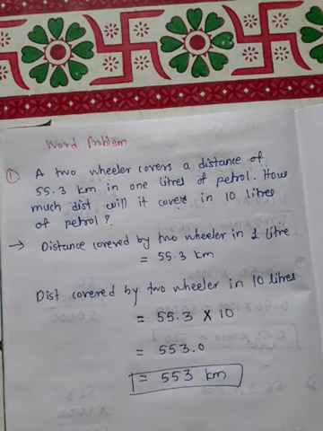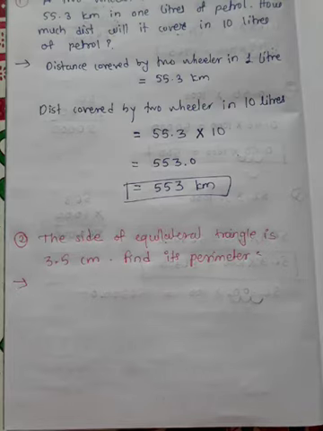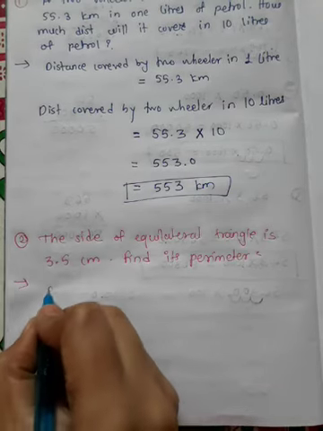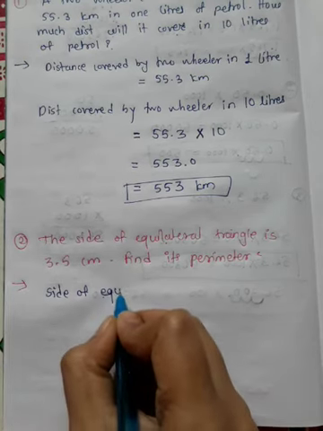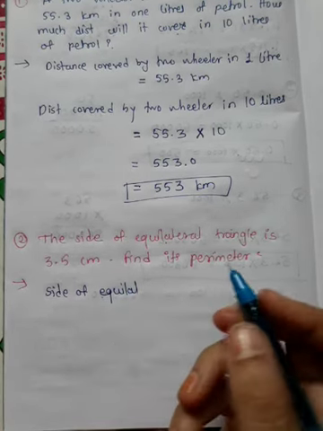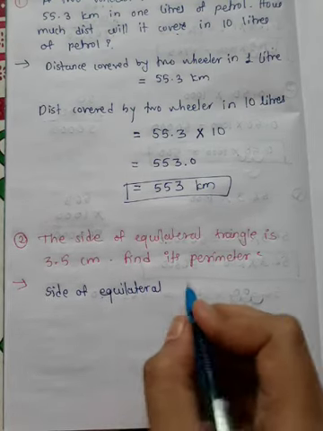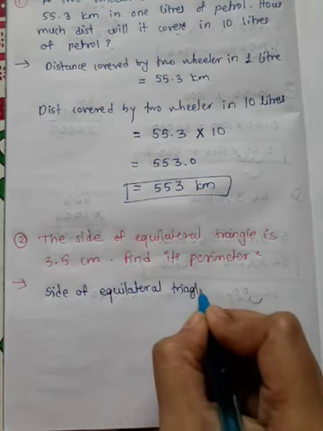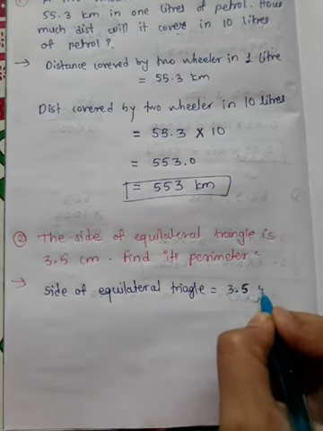Now see the second example. The side of an equilateral triangle is 3.5 centimeter. Then find its perimeter. You know that all sides of an equilateral triangle are the same, so each side of the triangle is 3.5 centimeter.